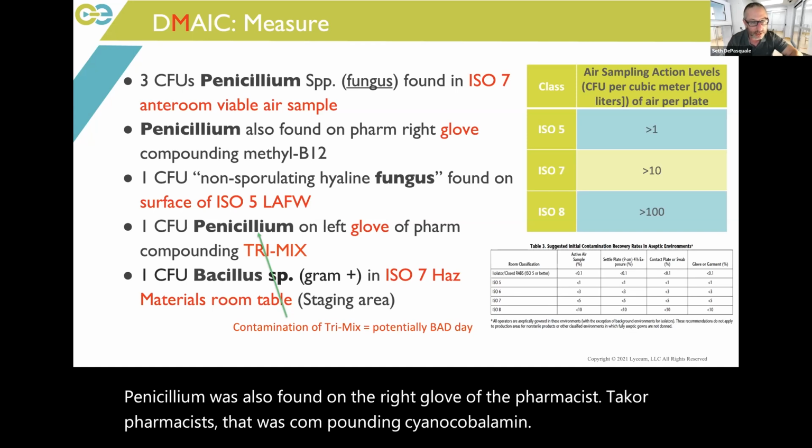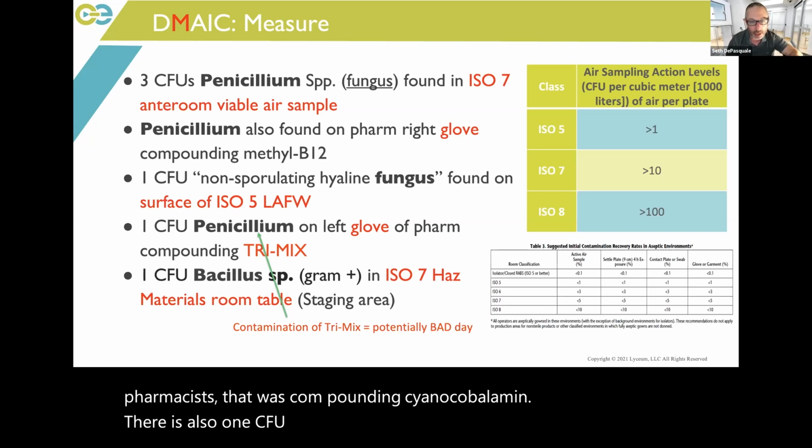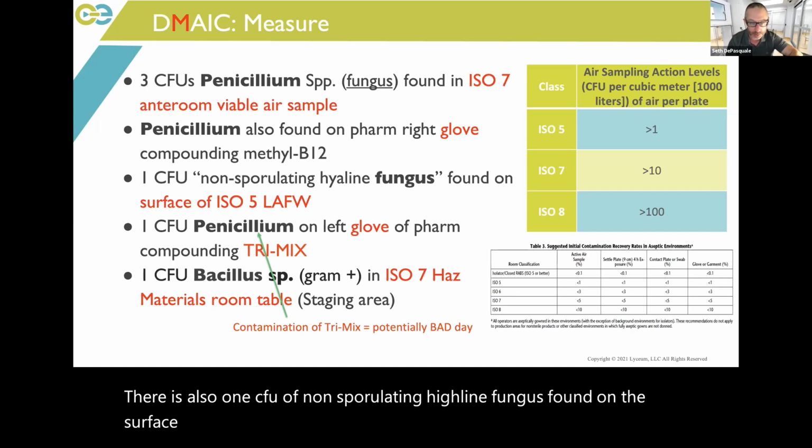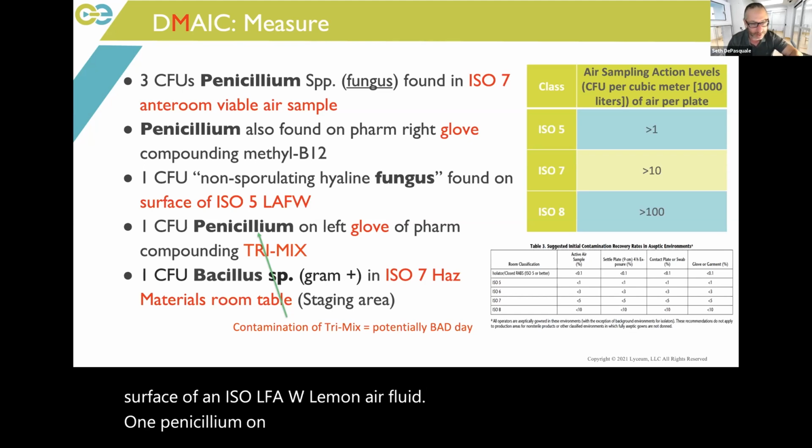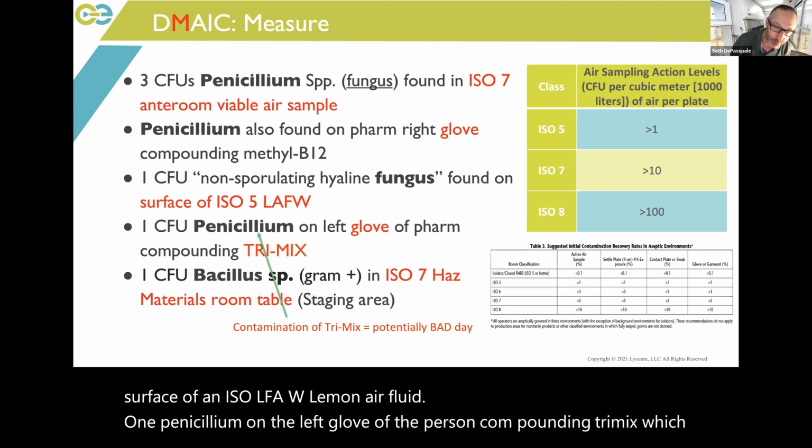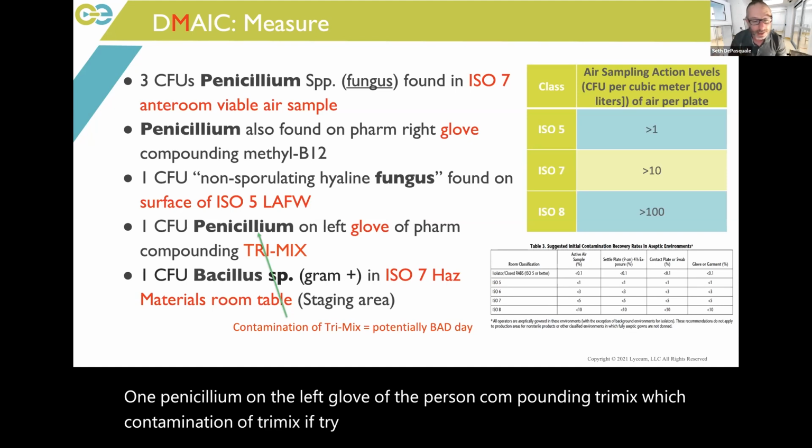There's also 1 CFU of non-sporulating hyaline fungus found on a surface of an ISO 5 LAFW, laminar airflow workbench. And 1 Penicillium on the left glove of the person compounding trimix, which, if you know what trimix is, could be a very bad day for some gentlemen.